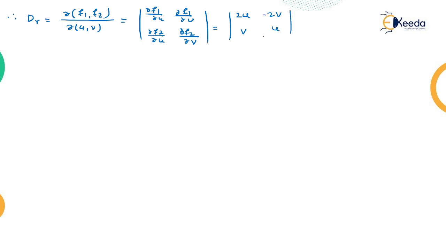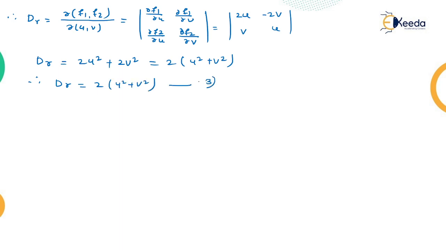So this denominator is equal to 2u into u, that is 2u square, and minus minus is plus, that is 2v square. Clearly 2 is common, and here u square plus v square. So the denominator equals 2 in brackets u square plus v square. For consideration, this is equation number 3.